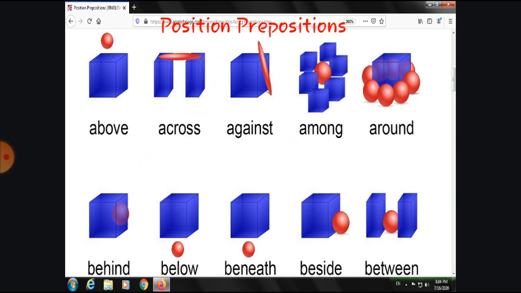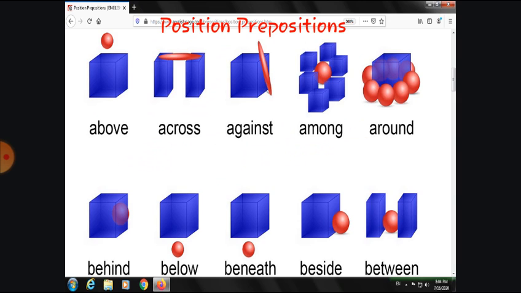Single word prepositions are those prepositions which are made out of a single word. Examples of single word prepositions are in, on, at, and many more.